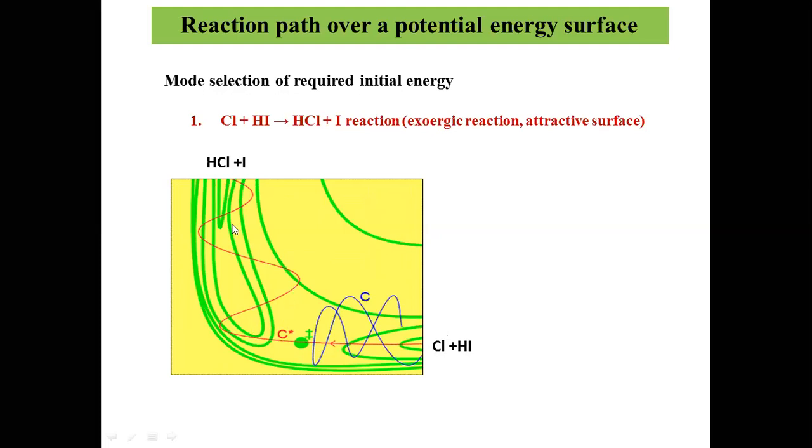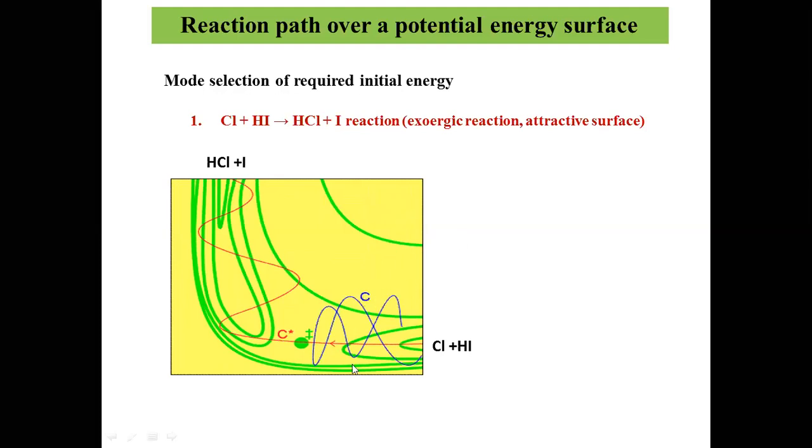So I'll discuss it. This motion is going to give you the reactive trajectory. Now the blue one: what do you see here? It starts here, goes like this and bounces back. So this is going to be a non-reactive trajectory. Okay, so let's discuss one by one.